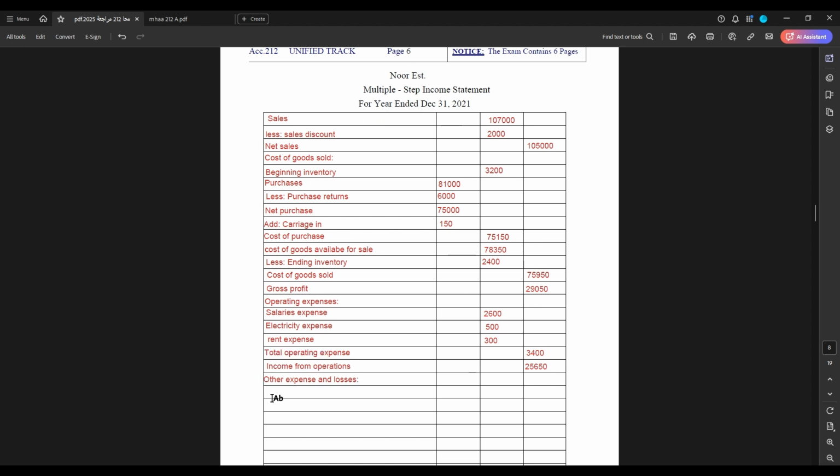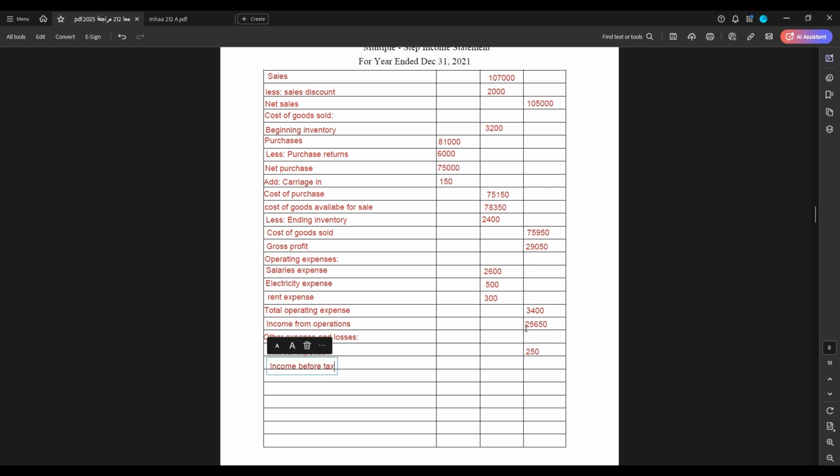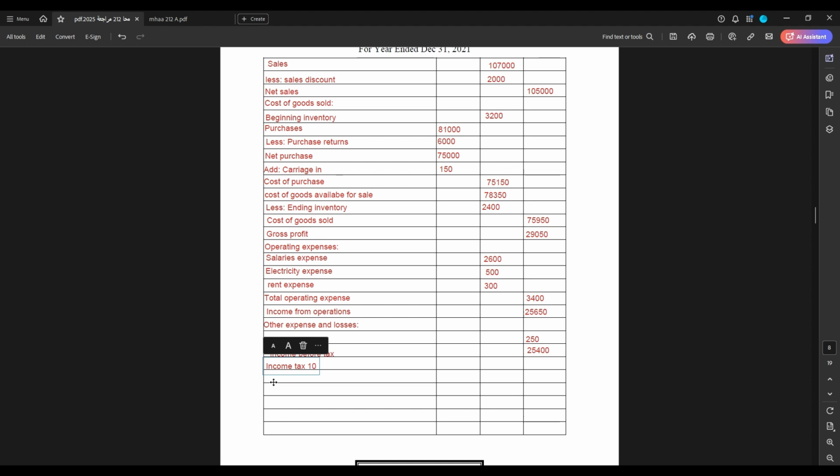We have interest expense, so this will be less 250. 25,650 less 250 will give us the income before tax, which will equal 25,400, and now we have to write the income tax of 10%.